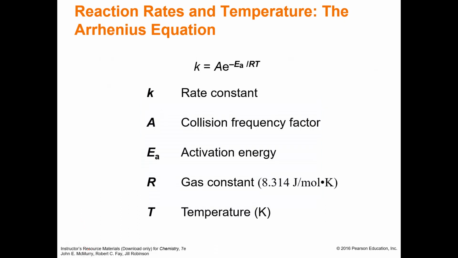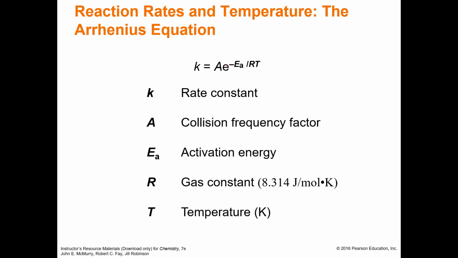So we can write an equation that expresses the temperature dependence, and that equation is known as the Arrhenius equation. The Arrhenius equation says that our rate constant is equal to some collision frequency factor, which is a constant for a given reaction, but it's very specific to that reaction and to the temperature, times a lowercase e, which is like the natural log e.